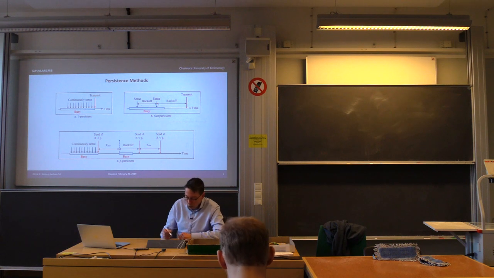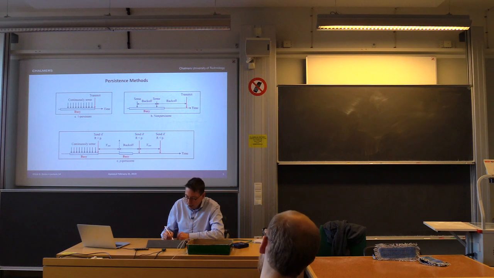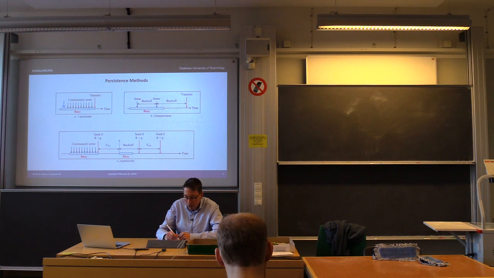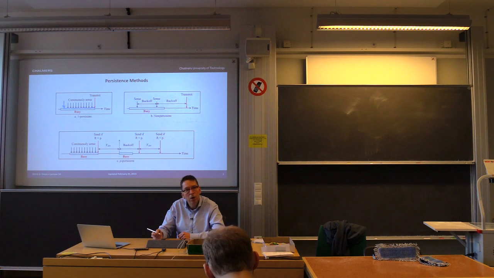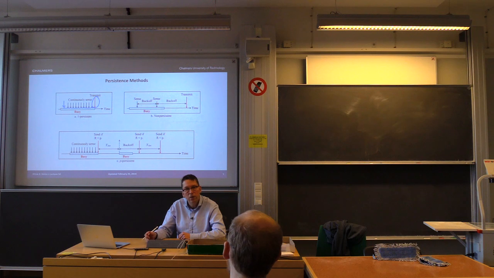Here, one-persistent is the aggressive one. If at some point in time we would like to transmit a frame and we listen to the channel, it's busy. Then we keep on sensing the channel until the point in time when it becomes idle, and then we transmit immediately.